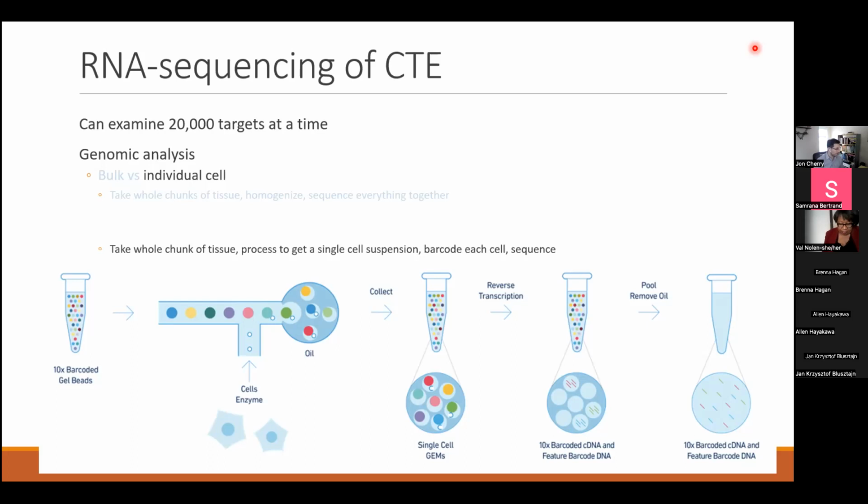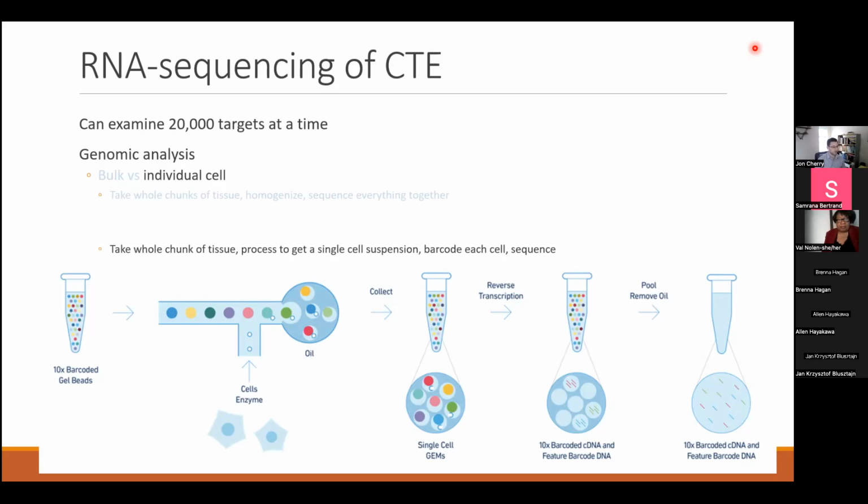Those single cells are then processed together to form essentially oil droplets with a single cell, and all the machinery needed for the reverse transcription and cDNA conversion within that one oil droplet. You do that for everything. And then all those individual droplets are barcoded. So then you can go back to say, if you're looking at a particular transcript, you see what barcode's on it, and you can pull that back to the individual cell from the individual case.